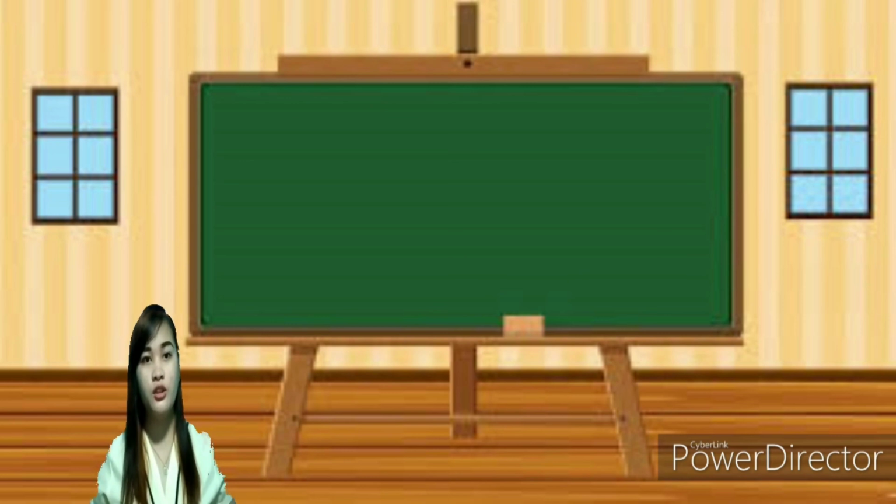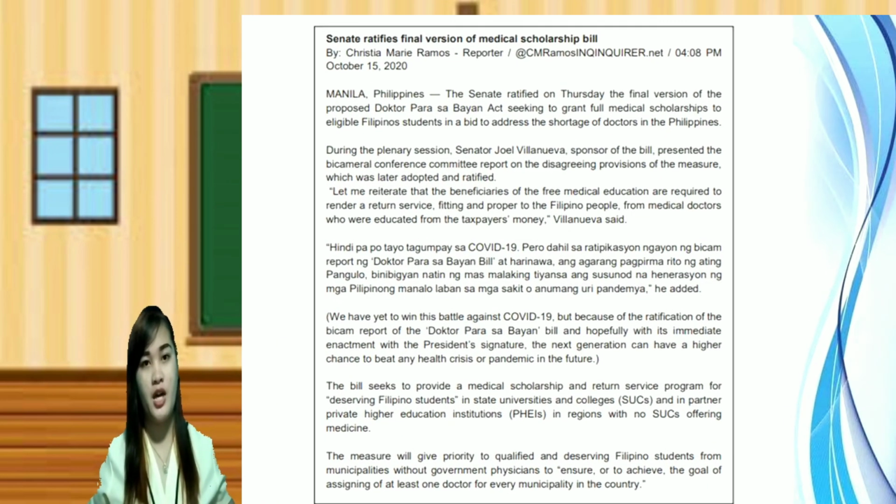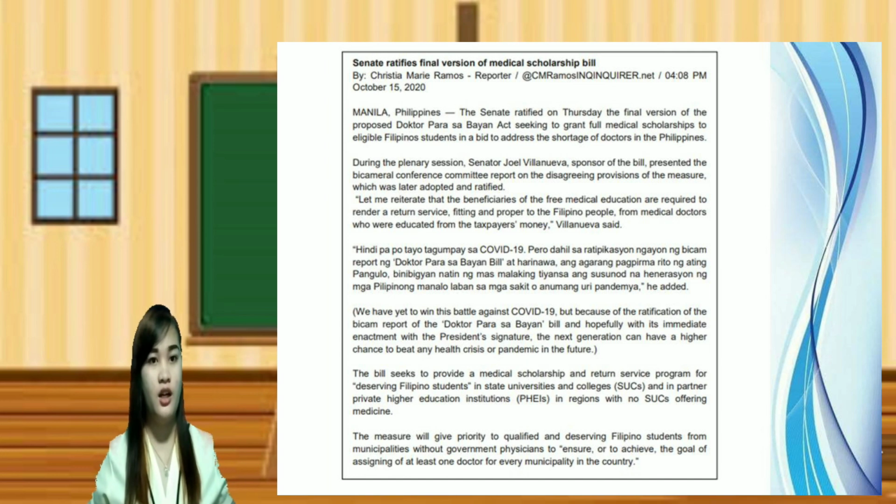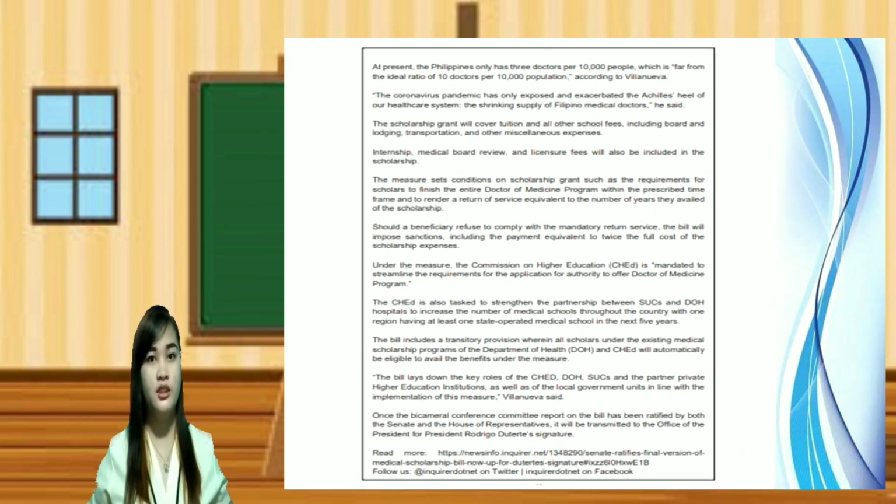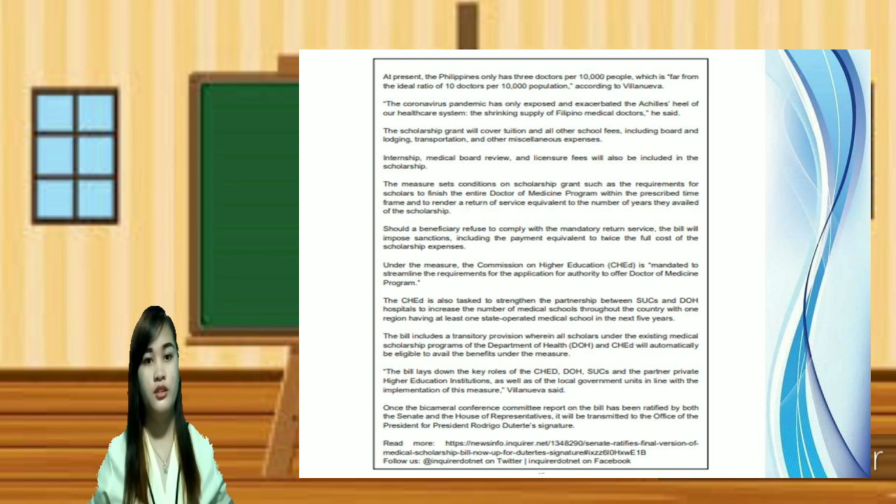So, on your module, the article is also provided. So, this is the article from Inquirer.net.